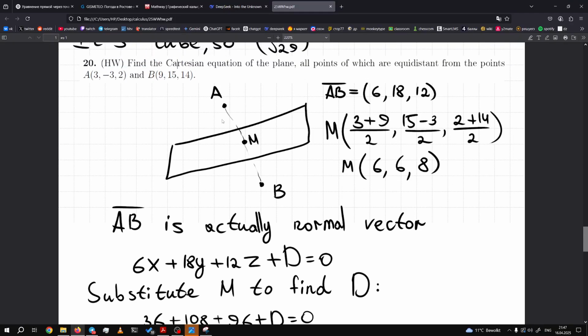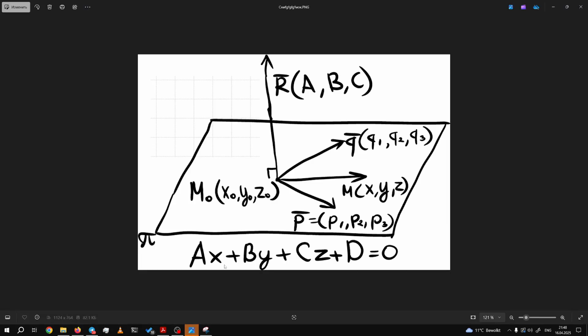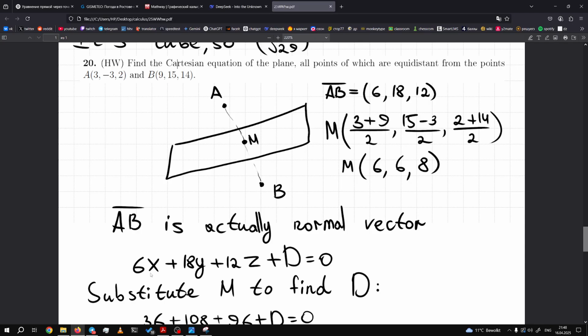AB is a normal vector, as you can see, because I think it's quite trivial, yeah? And because it's a normal vector, take a look at our picture. This is the normal vector. So our plane, our Cartesian product, has these coefficients.